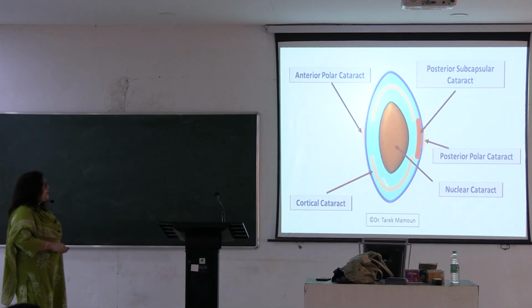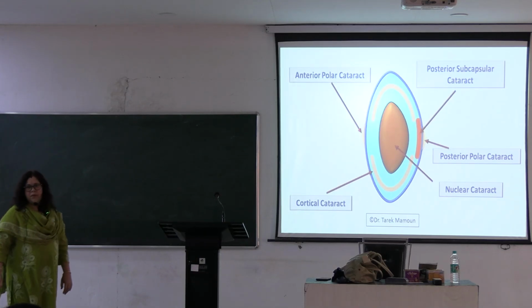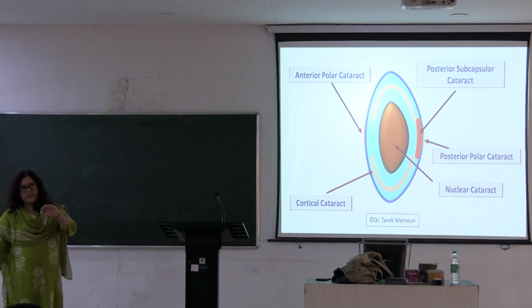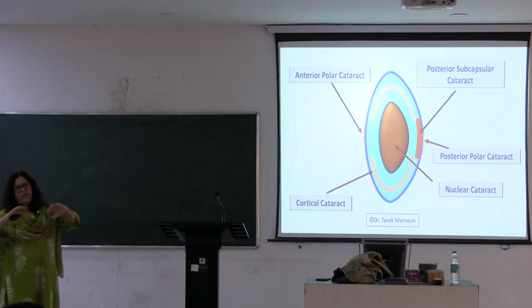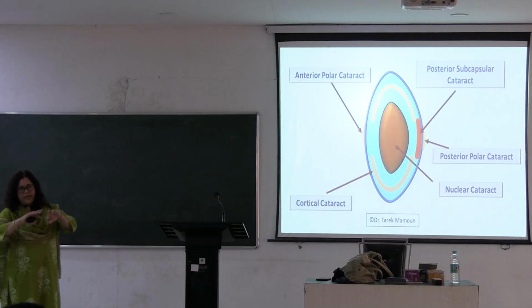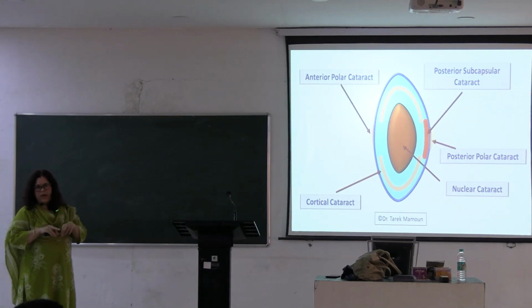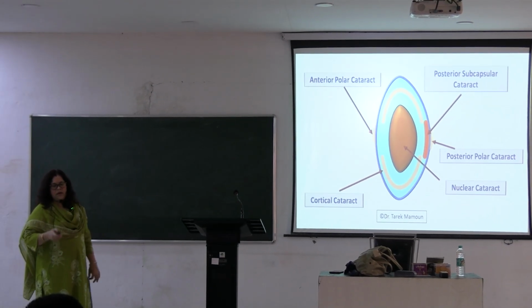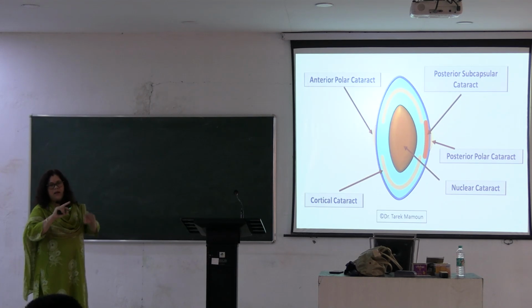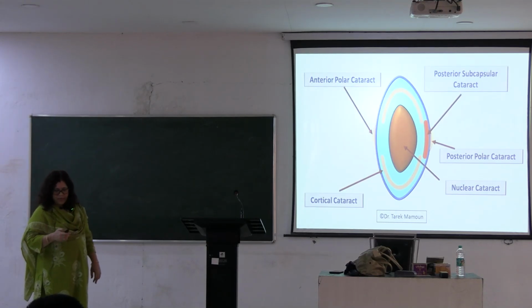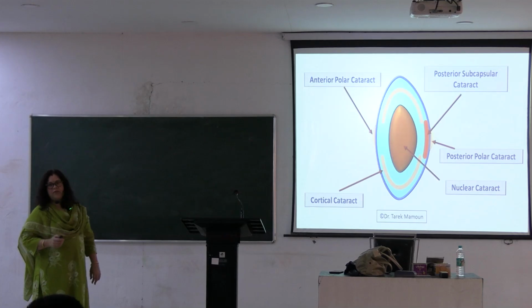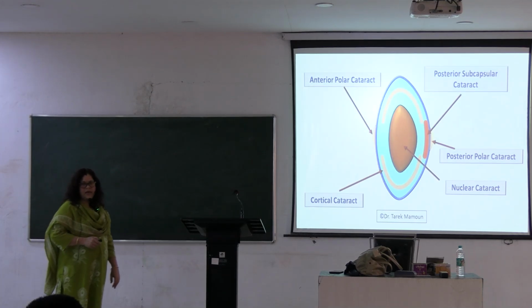But in cortical cataract, only the peripheral part of the lens is involved first, then it gradually grows towards the center part of the nucleus. The center part is clear, only the peripheral part is opaque. So the patient is able to see in daylight because of constriction of the pupil. The opaque part is covered by the iris, and deterioration of vision occurs in later period of life.